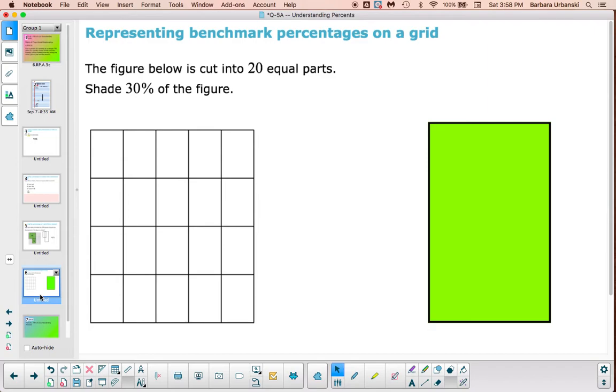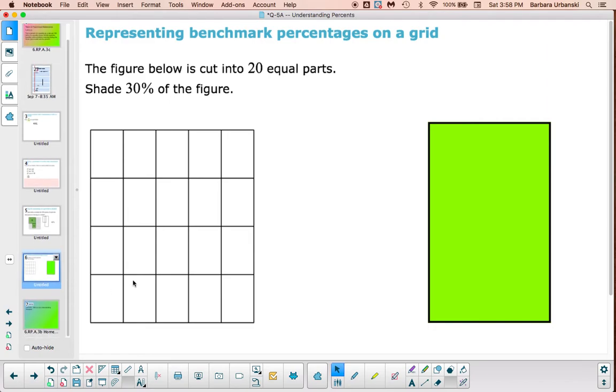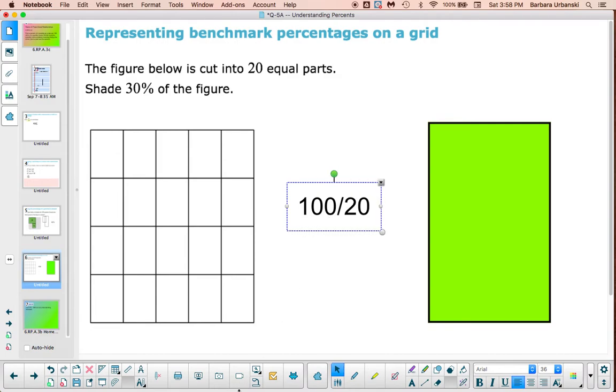So if it's 100% and it is divided into 20 equal parts, we could take 100 divided by 20, which would give us 5. That means each one of these would be 5%.